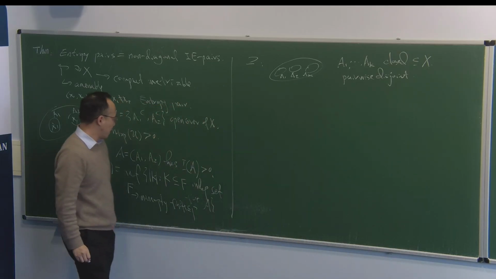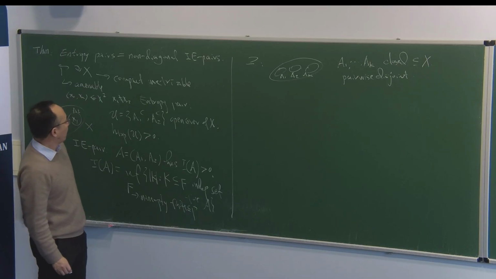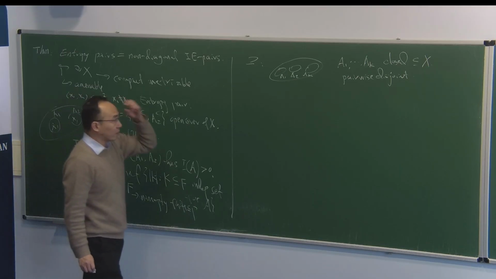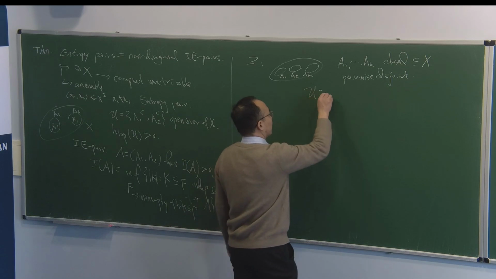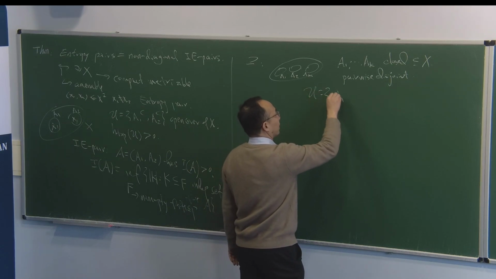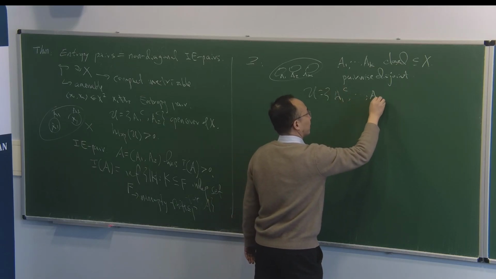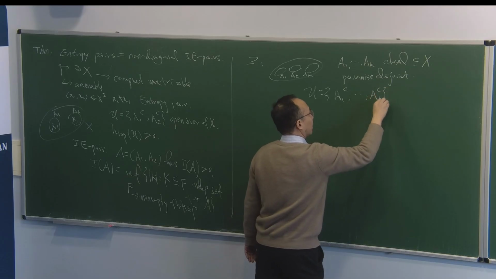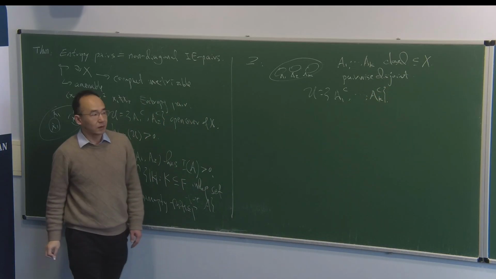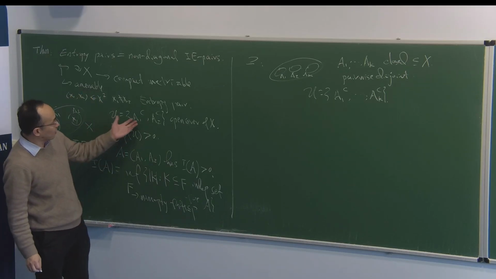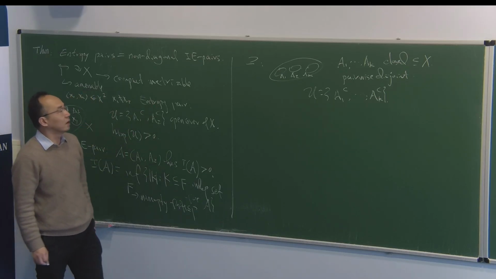Then one can look at the cover, the complement of these guys. So this is still a finite open cover, just like the situation here, except that I'm looking at more generally k here.